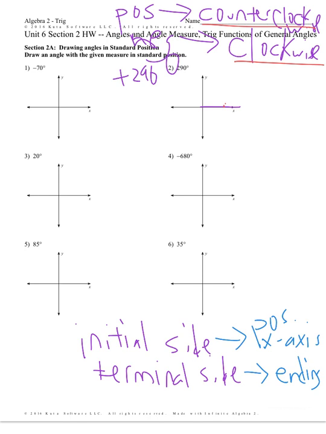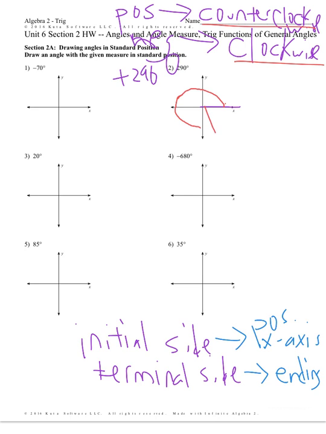So I'm going to start here. I draw that initial side, and you need to indicate your angles with arrows. That would be 90, this would be 180, another 90 would be 270. So I'm at 270 right now, which is basically 3/4 of a turn, and I've got to go 20 degrees past that negative y-axis side.